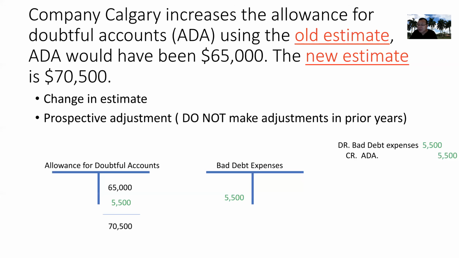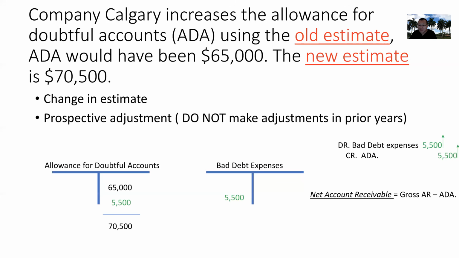So as a result, my doubtful allowance account increased by 5,500. My bad debt expenses increased by 5,500. Okay, what are the implications on the balance sheet items?